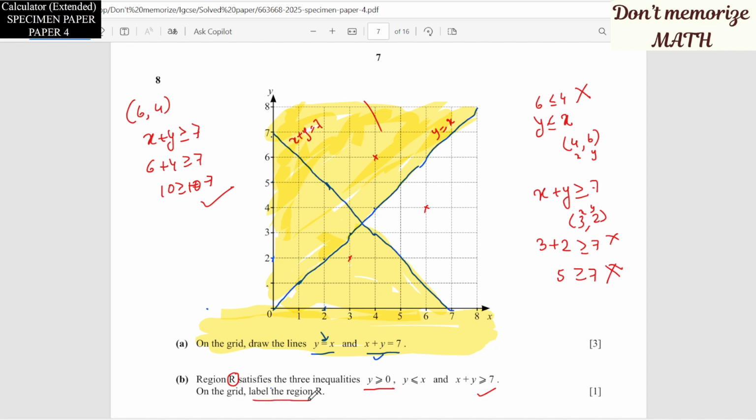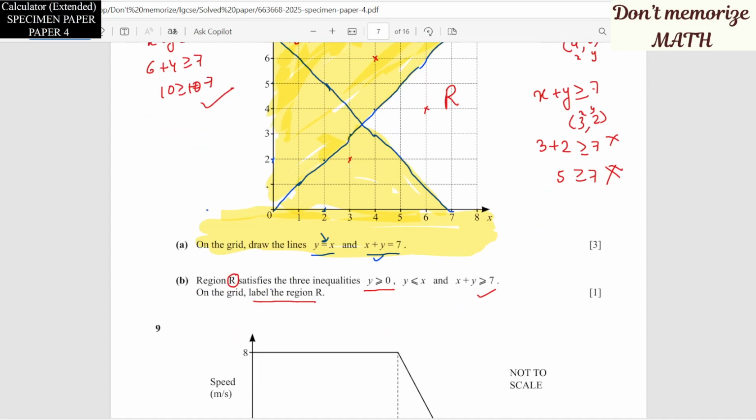We need to label the region R. For this labeling, sometimes you will get 1 mark. So you have to label capital R for the region always. So this is the region, and here everything has an equal sign, right?